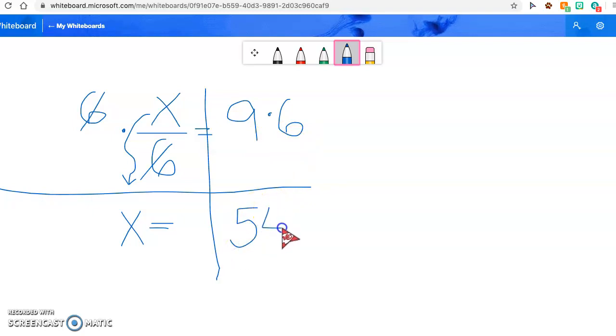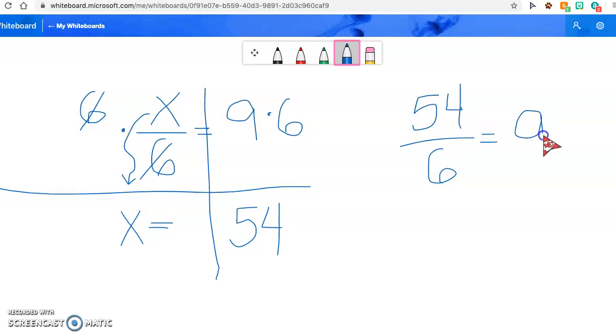So x equals 54. You can substitute 54 in for the x, and 54 divided by 6 still equals 9. So we know that 54 is the correct solution for this equation.